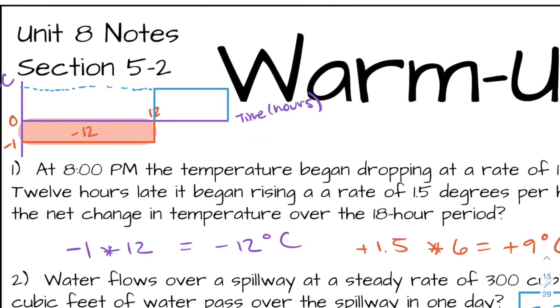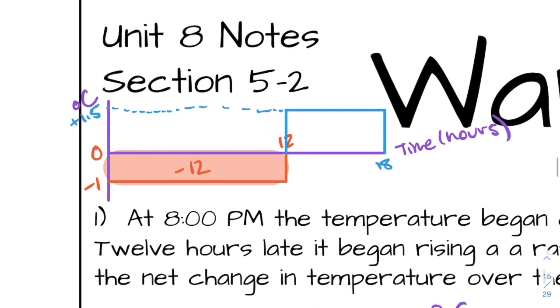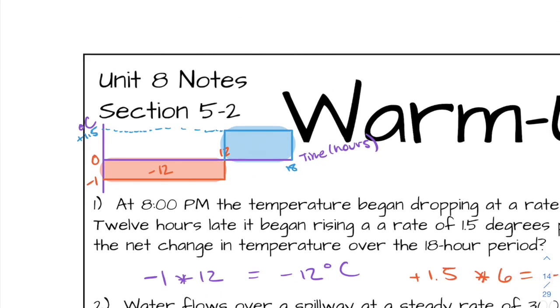So the time would be 18 here, from 12 to 18. And this is at positive 1.5 degrees Celsius per hour. So that area is happening. So 1.5 times 6, again, is plus 9.